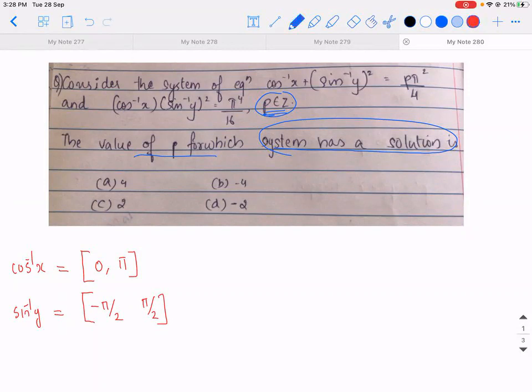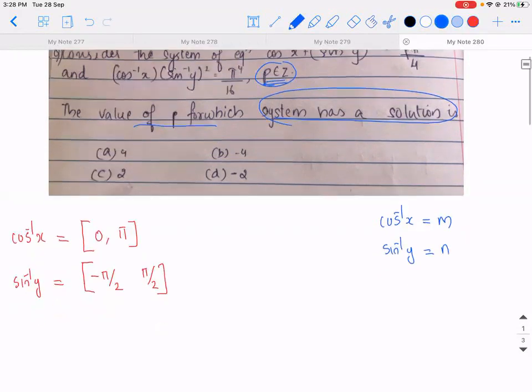So here, this is cos inverse of x times sine inverse of y whole square. Especially for this kind of questions, it is advisable to give a substitution to avoid the confusion. So I'm substituting cos inverse of x as m, and sine inverse of y as n. So what happens to the first equation?